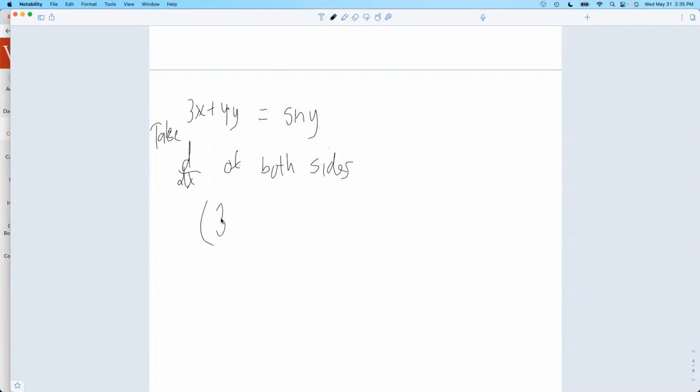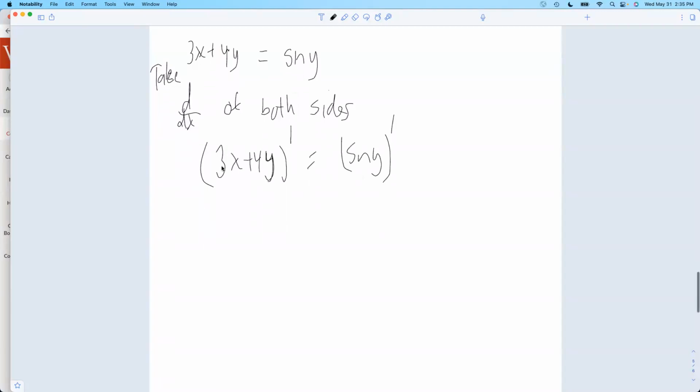So here I'll write it out: the derivative of 3x plus 4y equals the derivative of sine of y. The derivative is a linear operator, so I can distribute. The derivative of 3x with respect to x is just 3.